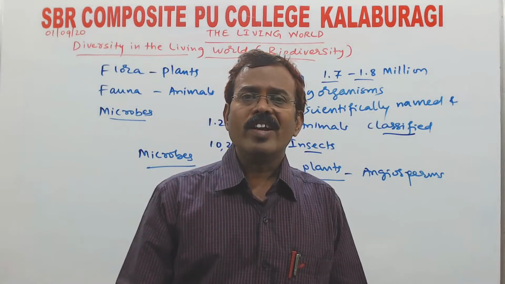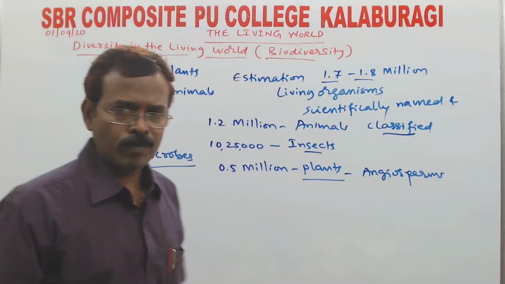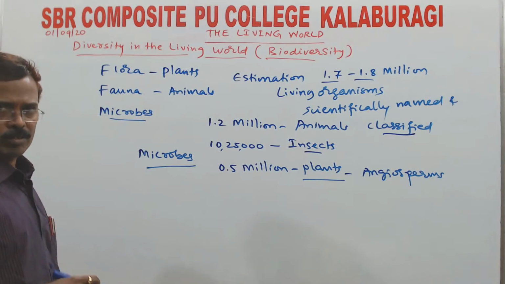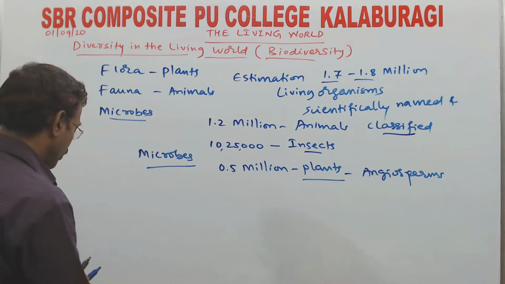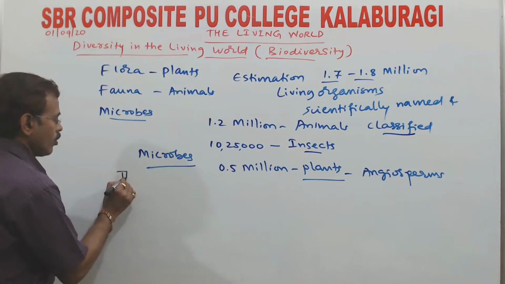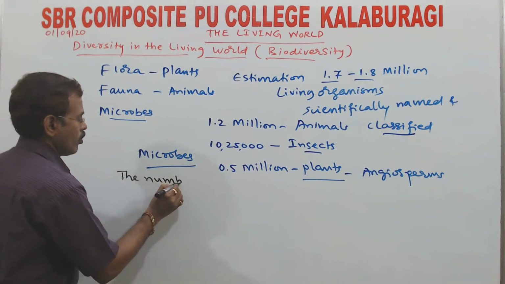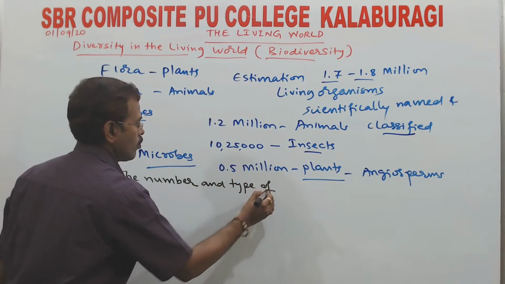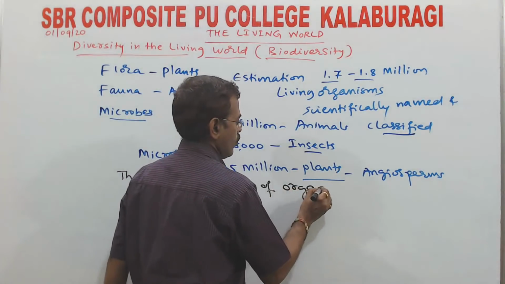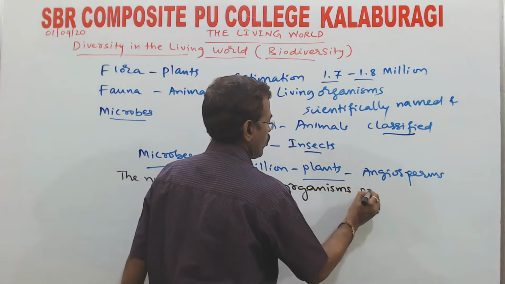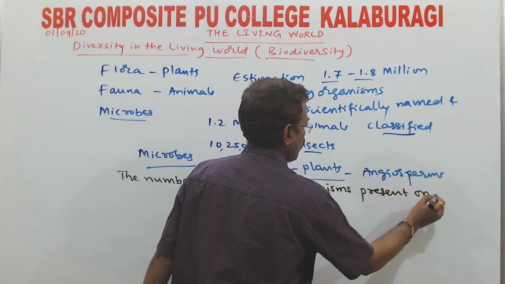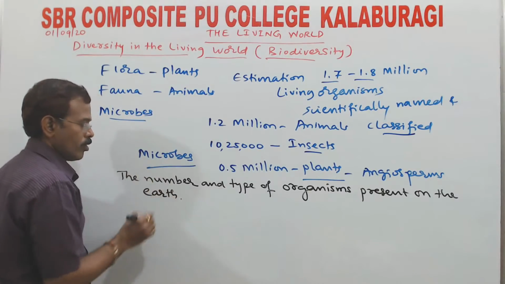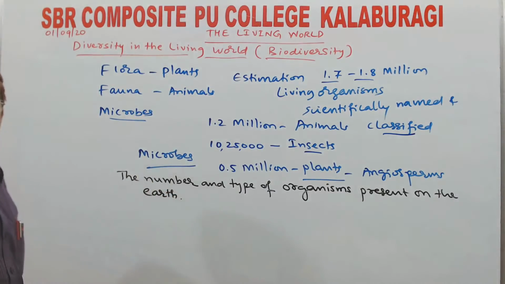So we have a rich heritage of flora and fauna. The number and type of organisms present on Earth, that we call biodiversity. This is the definition of biodiversity.